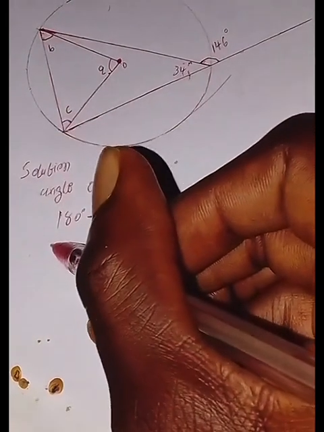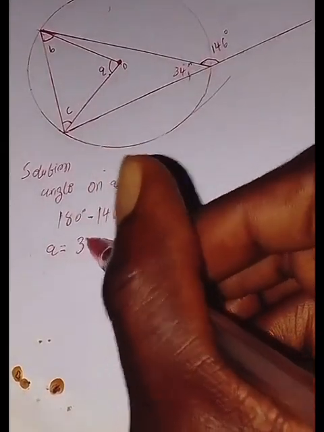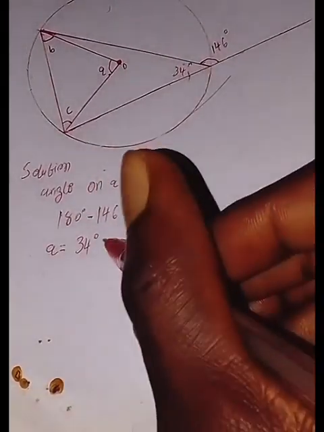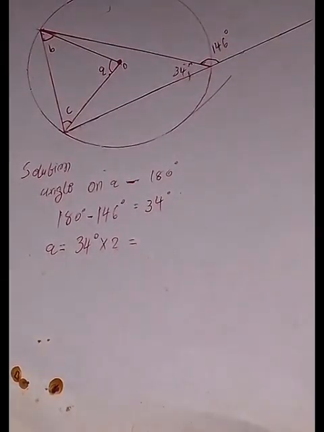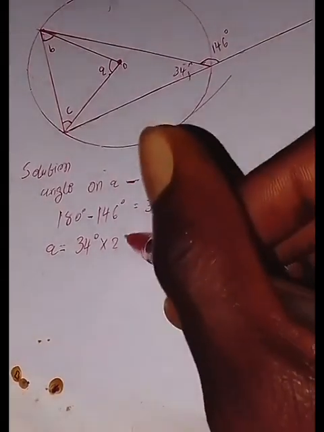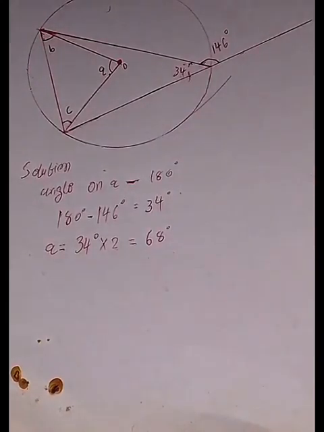So A equals 34 degrees times 2, which gives 68 degrees.